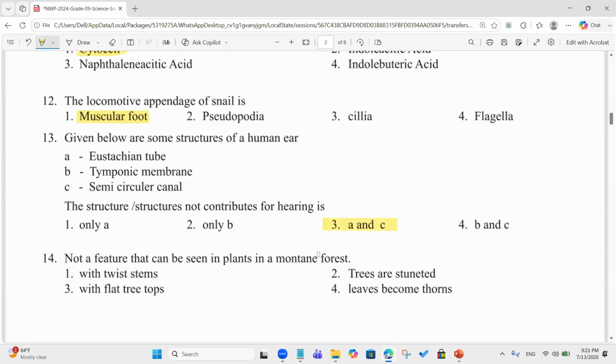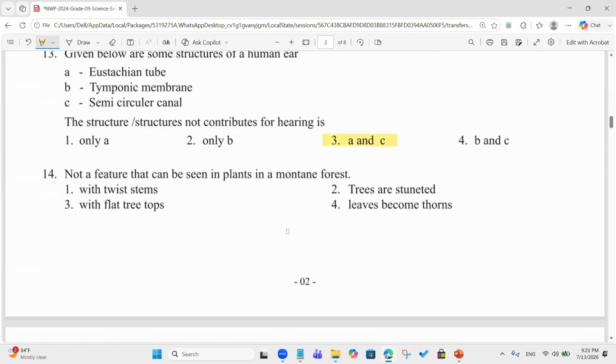14th question. Not a feature that can be seen in plants in a montane forest. What's the feature? You may remember we learned these features, right? In the lesson biodiversity, the montane forest. Can you tell me the answer? Yes, fourth one.